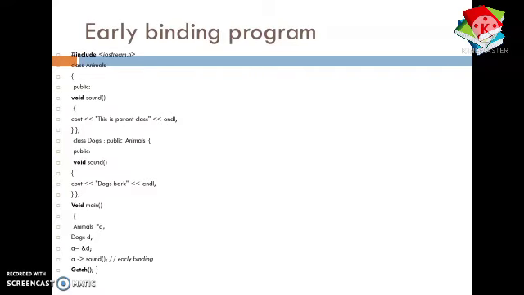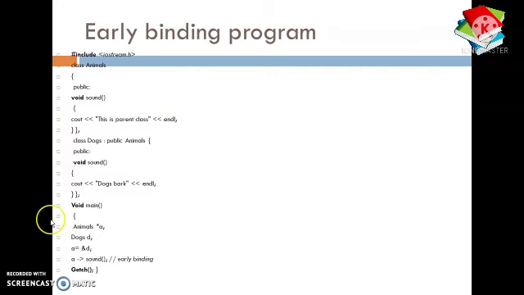So here the pointer a started referring to the object D of the derived class, that is the dogs class. So on calling the sound function, which is present in both the base class animal and the derived class dogs, by the pointer a, the function of the parent class got called.